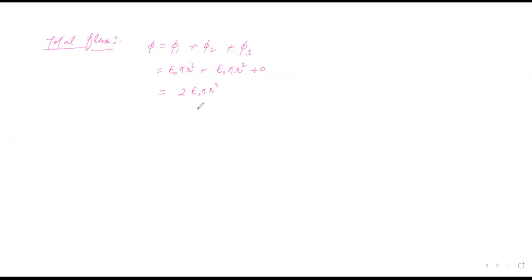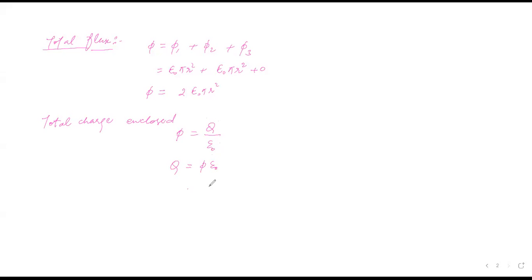And now, what is the amount of charge enclosed by the cylinder? To calculate, we write the total charge enclosed: phi is equal to Q over epsilon naught. We can also write Q is equal to phi epsilon naught.